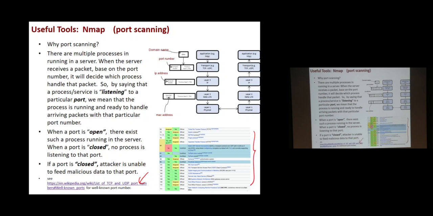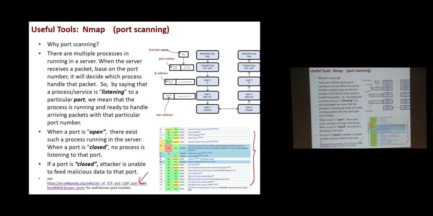And this is, from the attacker's point of view, also very good. Because after he does the port scanning, he knows that port 80 is open. Then the attacker will guess, very likely this is a web server, right?